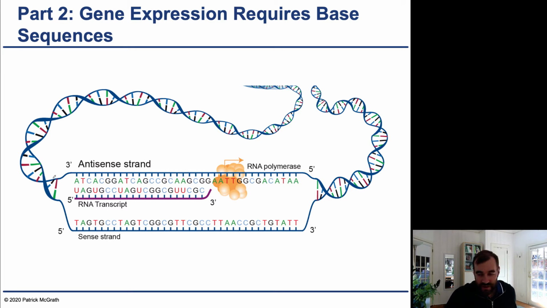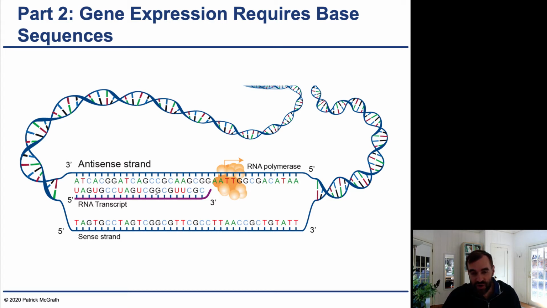DNA is double-stranded, and only one of those strands can be used by the RNA polymerase in order to create an mRNA transcript. In DNA replication, we always had two DNA polymerase 3s in order to replicate each of the strands.